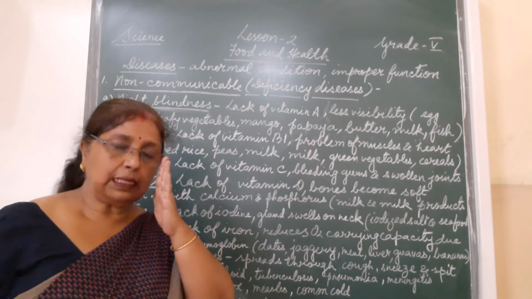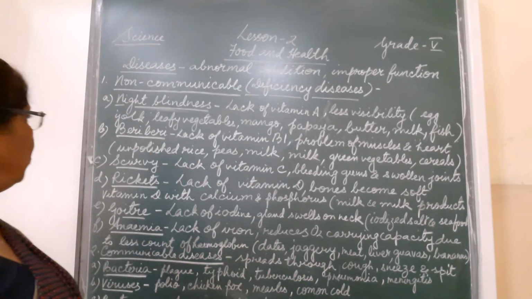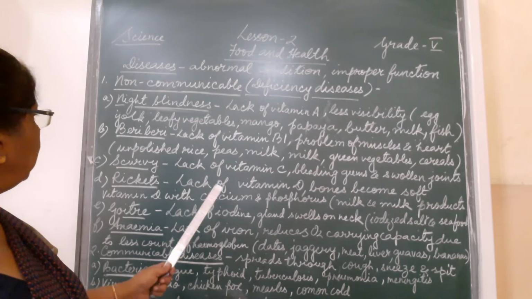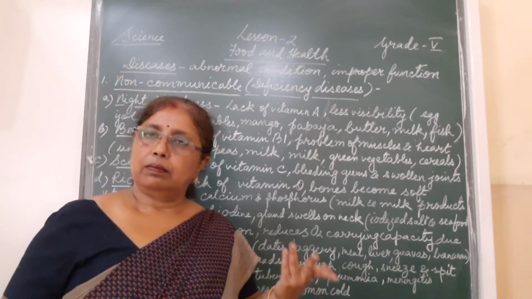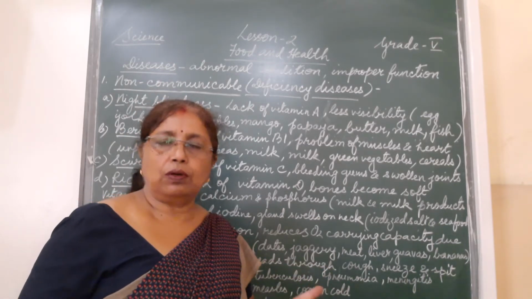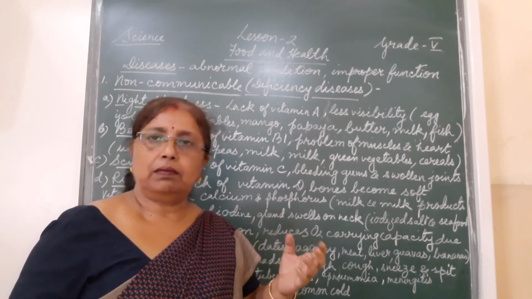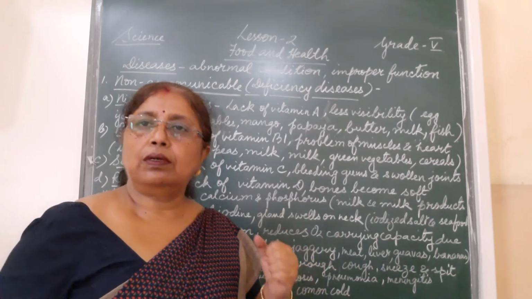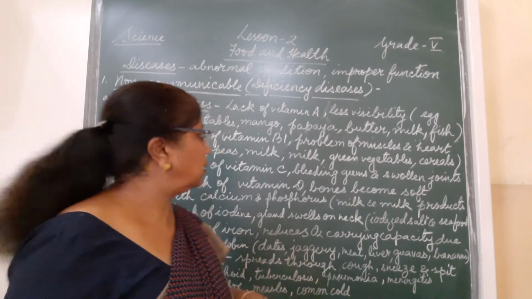So you must have seen that gums start bleeding sometimes. And where do we find vitamin C rich food? In all the citrus fruits, amla, which is called gooseberry, lemon. All these foods are rich in vitamin C.